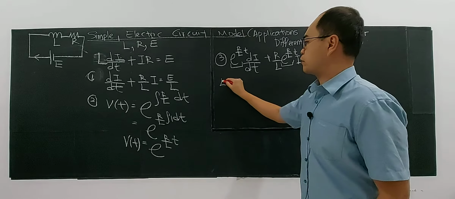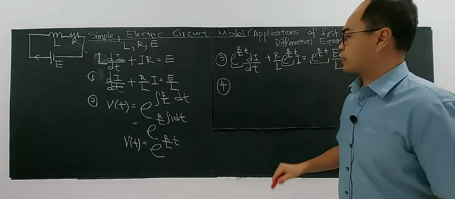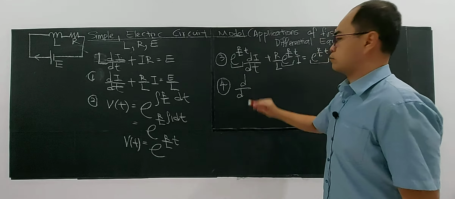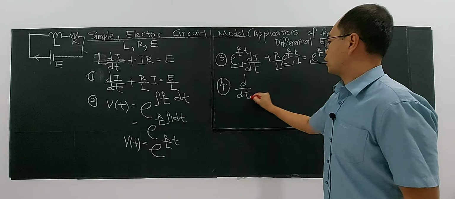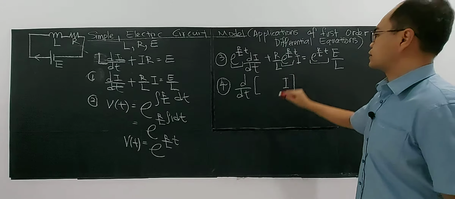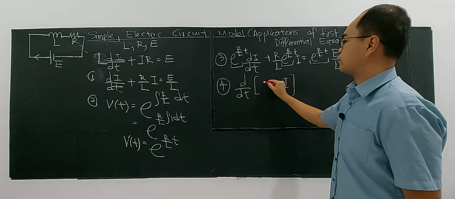So the fourth step, if you still remember, by using the integrating factor, I can rewrite these two terms into one term. The y in this case is i, and this is your integrating factor.